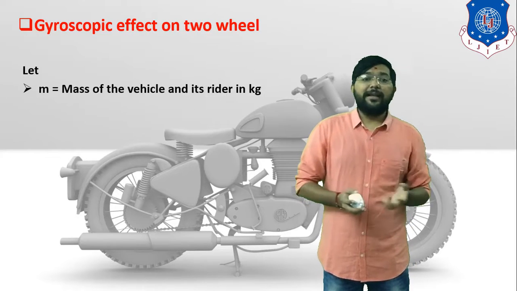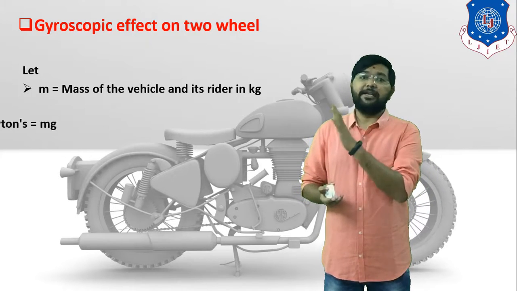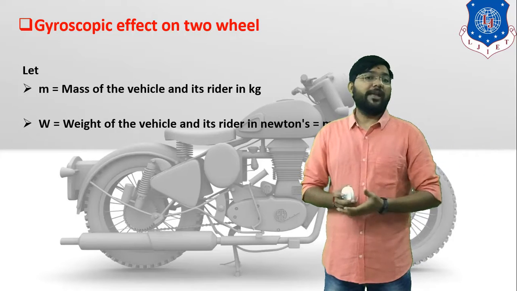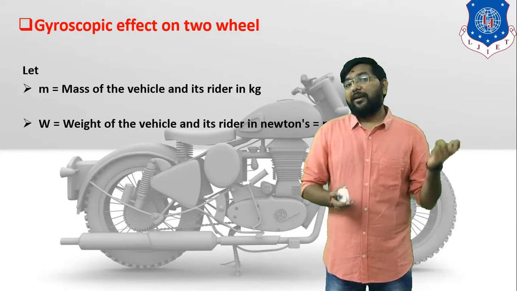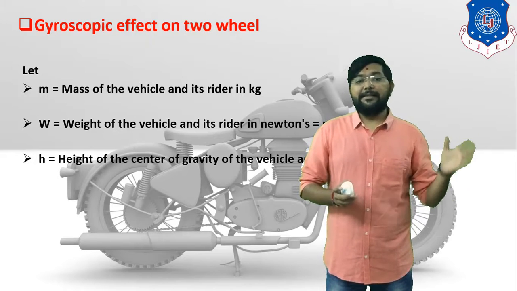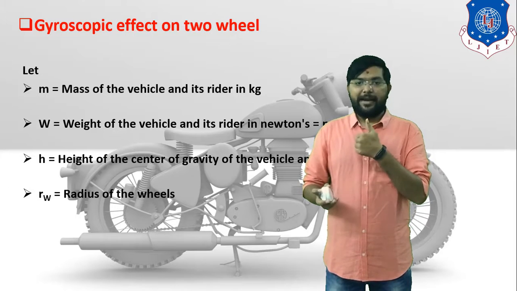Before starting the derivation, we have to discuss some basic terminology used in this equation. Suppose small m is the mass of the vehicle and its rider in kg. Next, capital W is the weight of the vehicle, and the equation of weight is mg. Next, small h is the height of the center of gravity of the vehicle and rider.